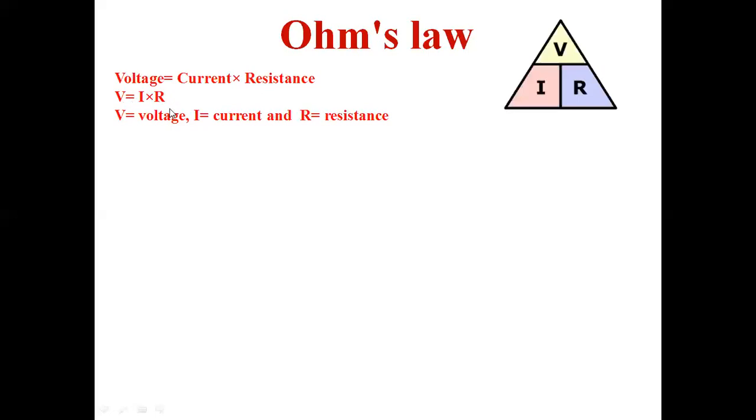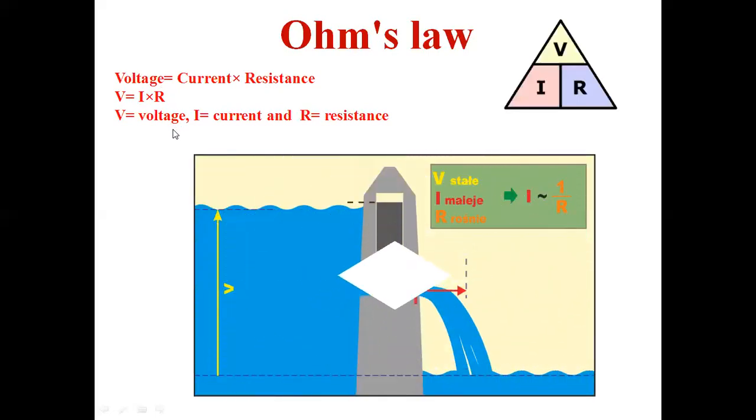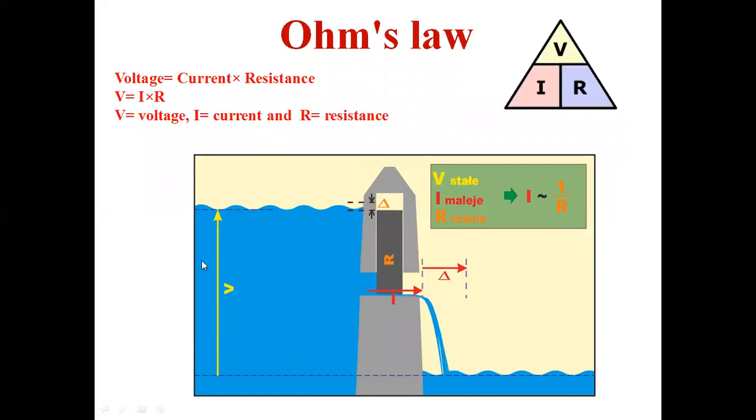Hence V equals IR. This is the voltage and the output is current. V is directly proportional to current, but resistance resists this flow.